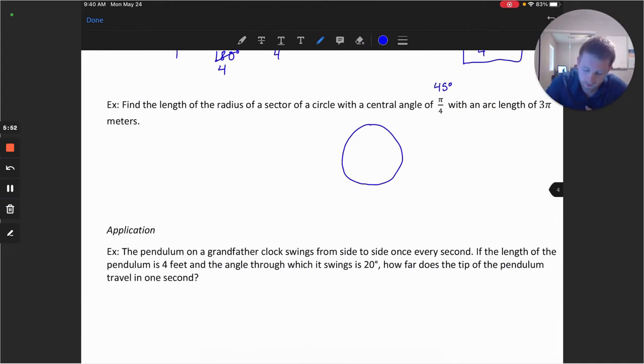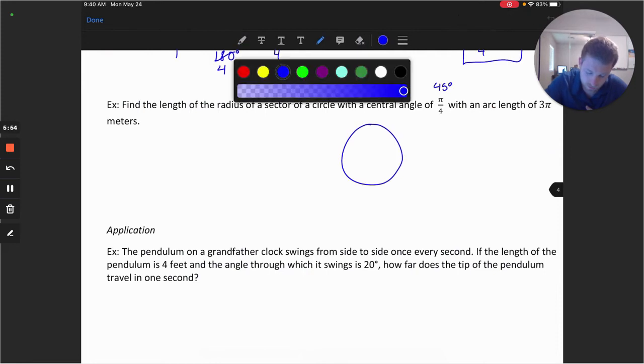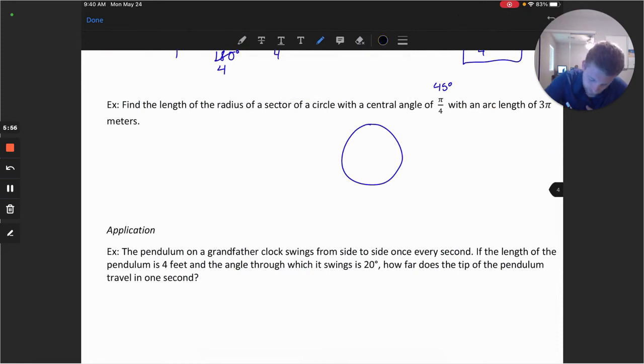And so let's draw that just as a picture here. If I have a 45 degree angle, if this is my origin, 45 degrees is somewhere like that, if that's 90. So there's my pi over 4.